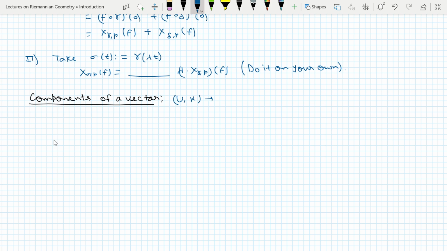So let's have a look at that. So what we have is our chart, Ux.